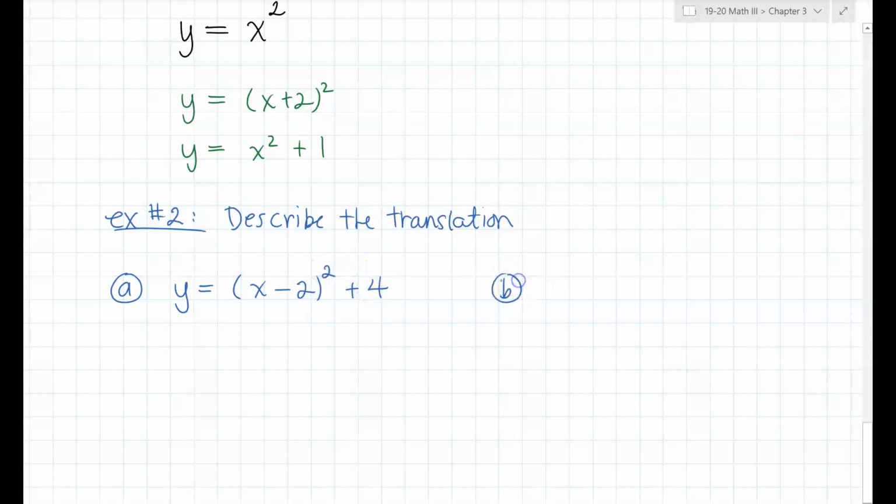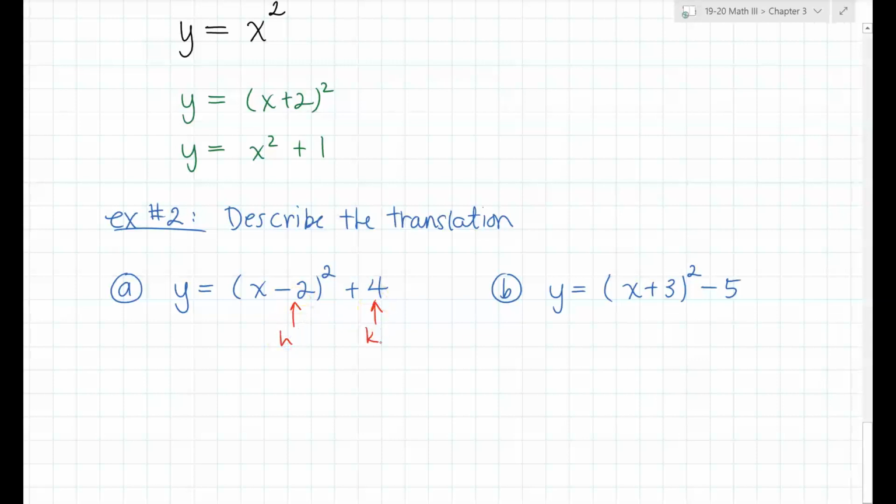And then for part B, I'll write y equal to (x plus 3) squared minus 5. So this is all you're going to have to do. When they say describe the translation, you're going to look at your h and your k values.